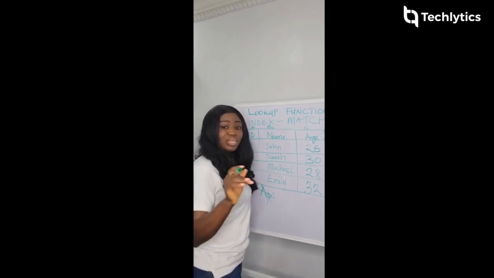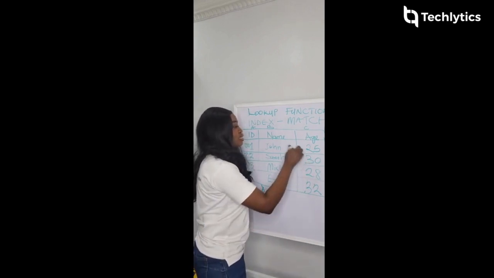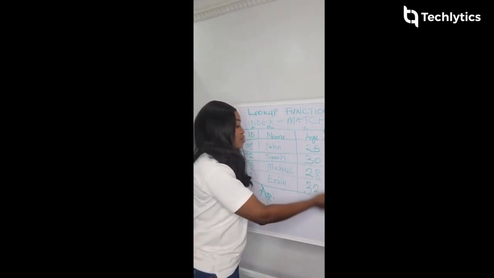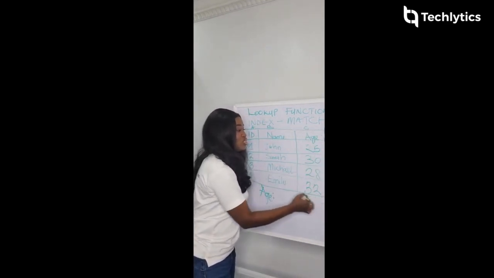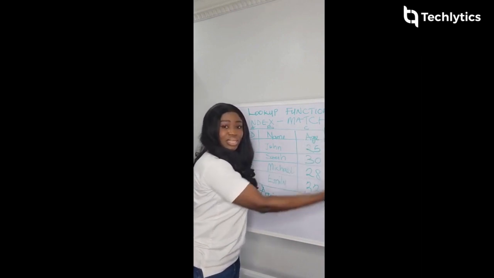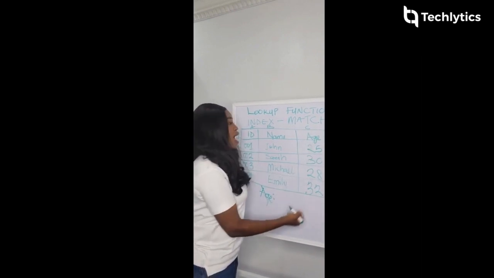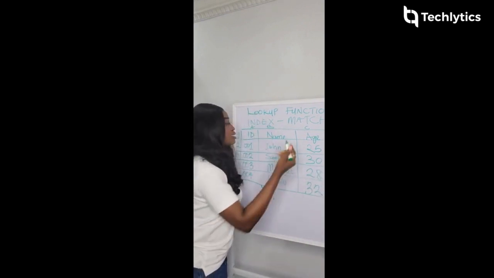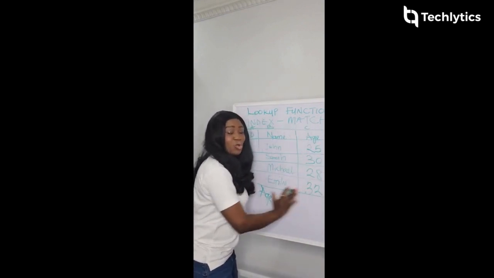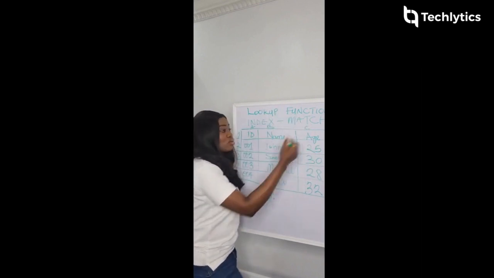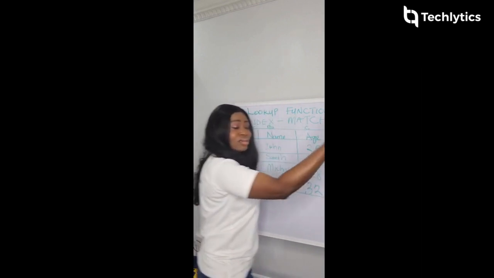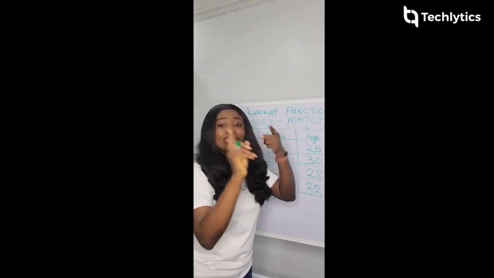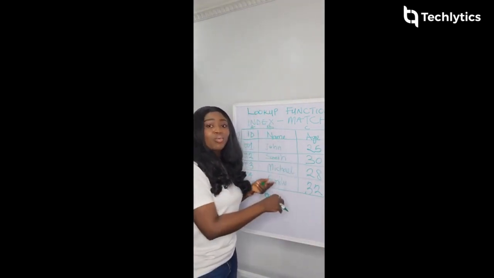What index would help me do here is I need to specify the array, the large expanse of land, and this time around it is age, which means I want to dwell within the age expanse of land. I then need to specify the row number and the column number, or I could extend my large expanse of land to cover the entire table, and I'll still need to specify my row number and my column number. So what index does is it gets the intersection and returns what is there for you.